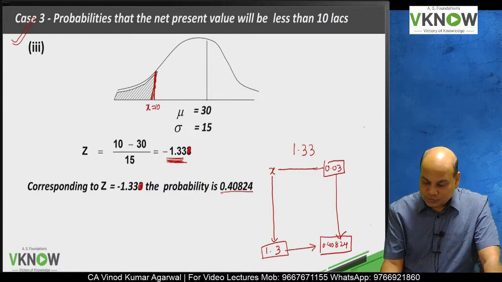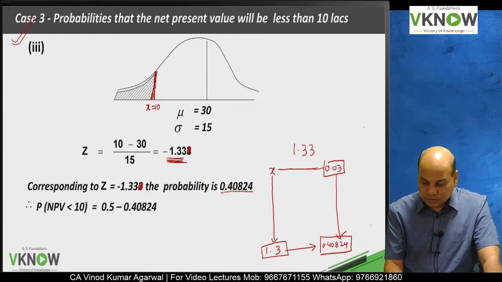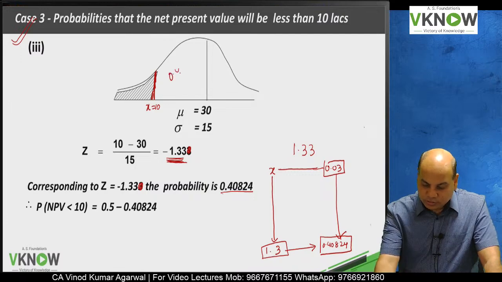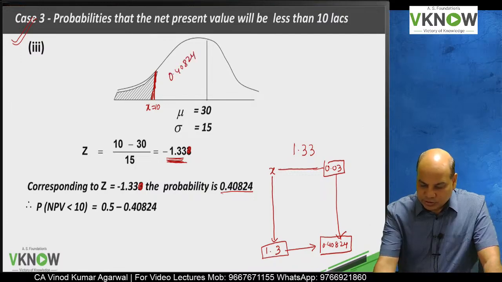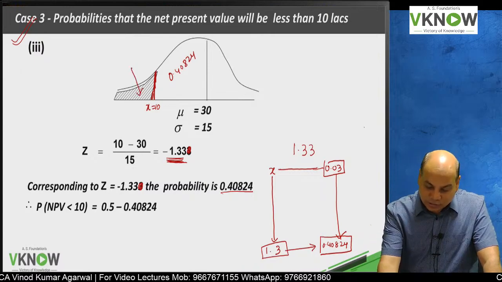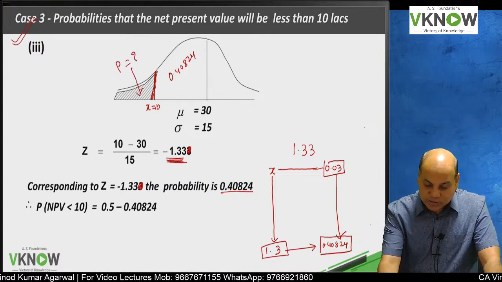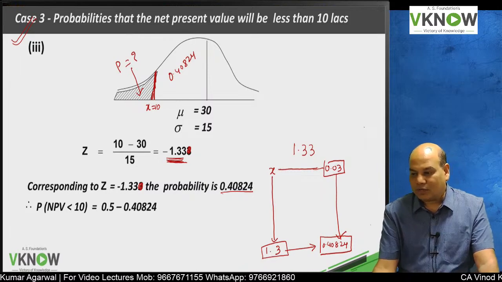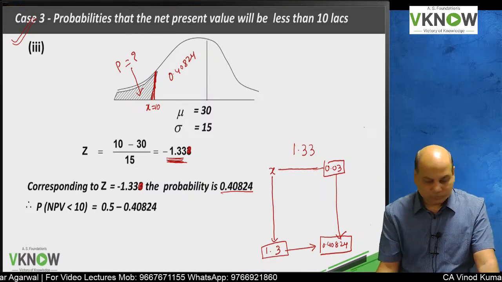So 0.40824 is the probability of this area, but I don't want that. I want probability of this area.